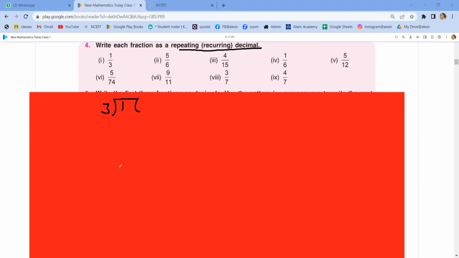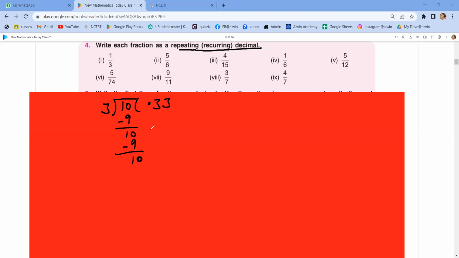Ariman and Priyansh, look at the screen, beta, how to do this. 1 is a smaller number than 3, so I'll put a point and write a 0, right? Now 3, 3s are 9. I'll subtract, I'll get 1 again. And 1, 0 I can put by myself because this decimal is already there in the quotient. Now 3 times 3 is 9 again. I subtract it, I get 1.